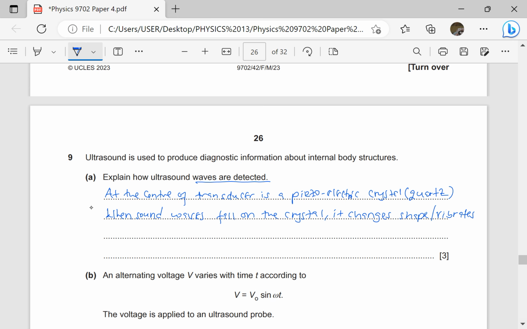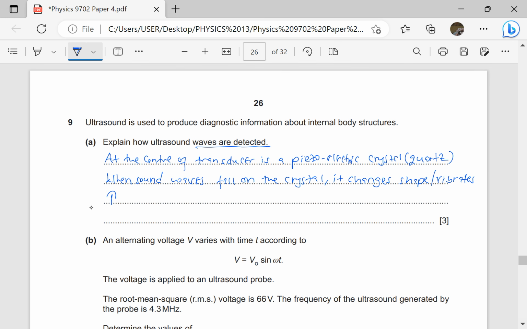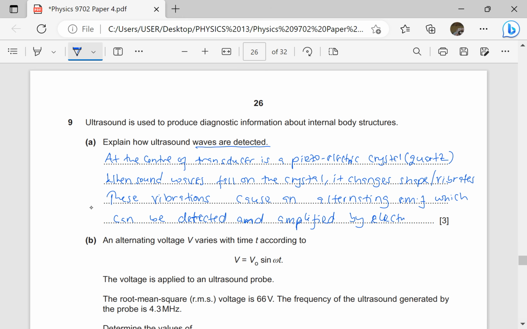Of course, it is these vibrations which cause an alternating EMF, which can be detected and amplified by electronic circuits.